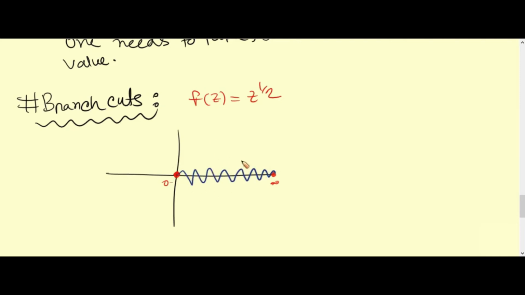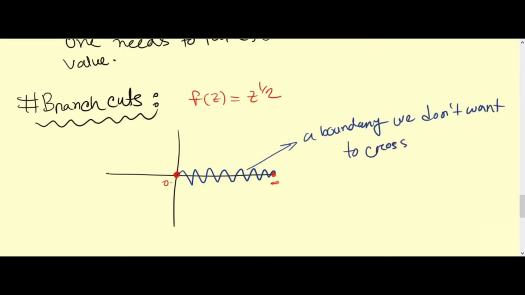This means a boundary that we don't want to cross. You can do whatever you want, but you cannot cross this boundary. It's like a boundary wall.